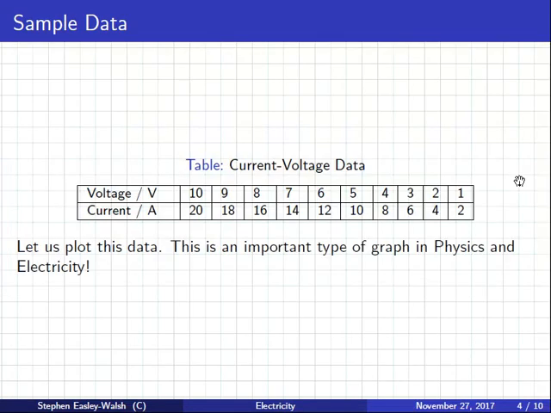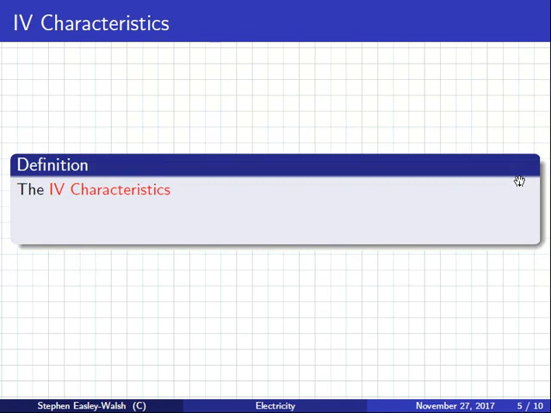This is an important type of graph in physics and in electricity. This graph is called the IV characteristics of a resistor. So actually, the name of the lesson was IV characteristics, and now I'm telling you what that is. The IV characteristics is simply the graph of the I and the V for the resistor. As you change the V, how does the I change?